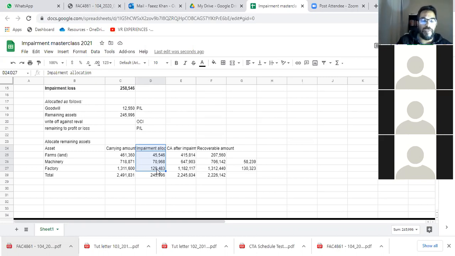So let's see what I'm talking about over here. As you can see, with the machine, the initial impairment allocation is 70,000 Rand. That resulted in the carrying amount after impairment being 647, which is below the recoverable amount.